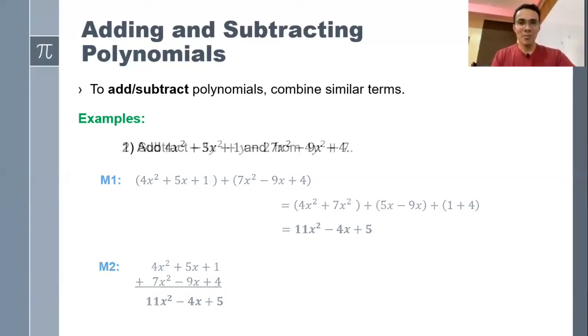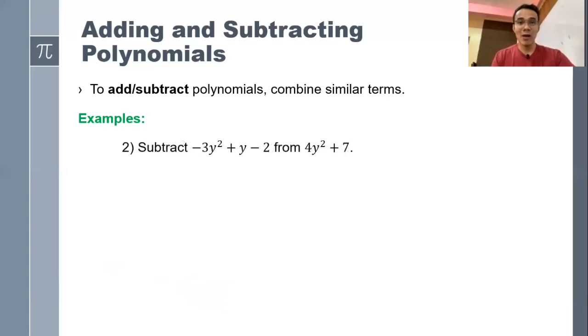Let's have example number 2. And this is going to be our last example in this video. Subtract negative 3y squared plus y minus 2 from 4y squared plus 7. It says here, subtract this one from 4y squared plus 7.